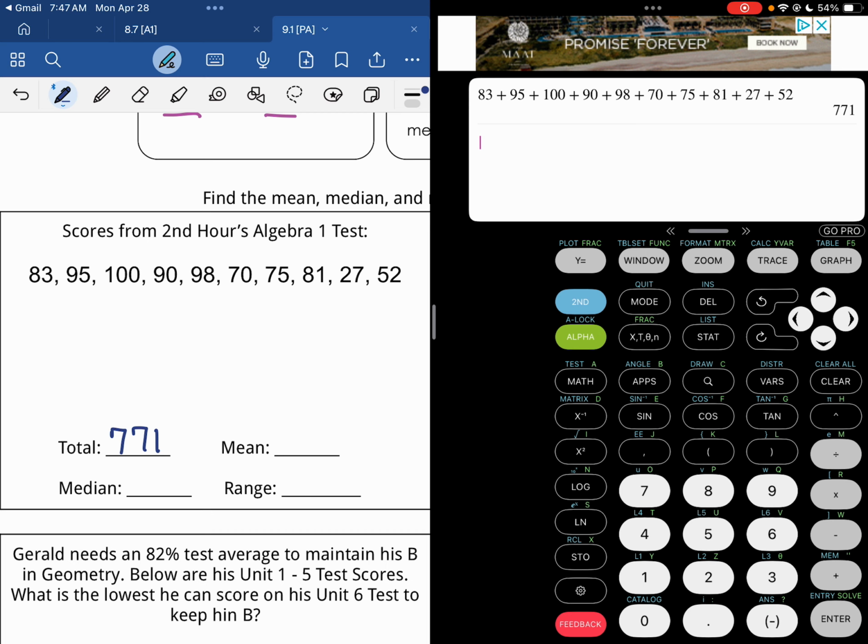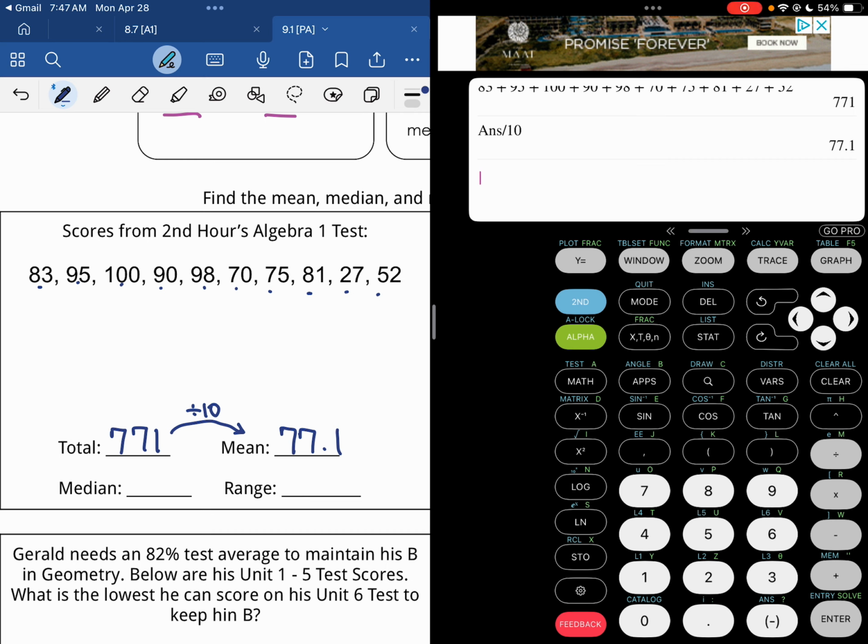Then, to get my mean, I have to count how many numbers that was. 1, 2, 3, 4, 5, 6, 7, 8, 9, 10. So then I have to divide that answer by 10. And my mean is 77.1.